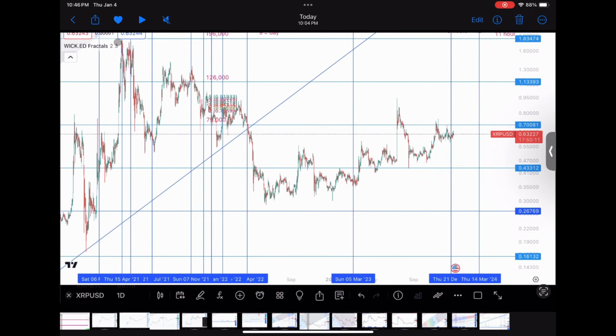So this is where we were at 13 right here. Doesn't hit up here. 14. Excuse the mess in here. 15, 16, 17. So the market is pent up on XRP 17 Fibonacci levels as we've just been ranging in here.